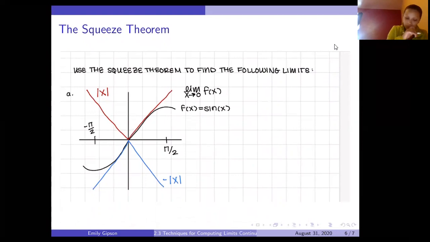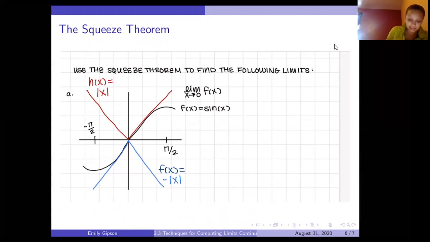So our f of x function is going to be the negative absolute value of x function, and we know that as we approach 0, the limit equals 0. Our h of x function is going to be just the absolute value function, and we know that as we approach 0, the limit equals 0. So we've squeezed our sine function in between two other functions whose limit as x approaches 0 equals 0.